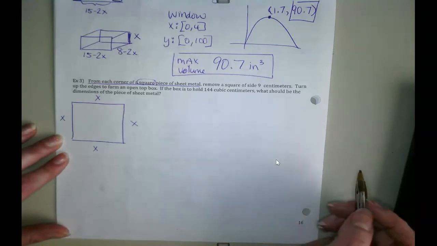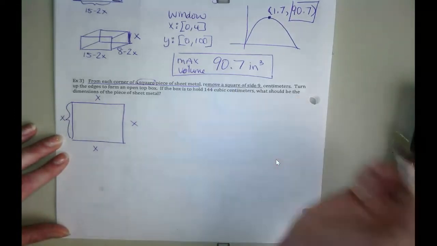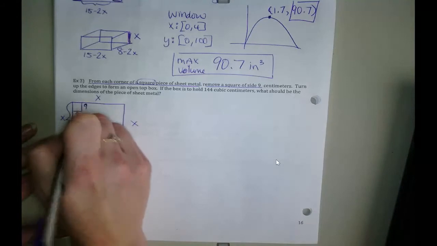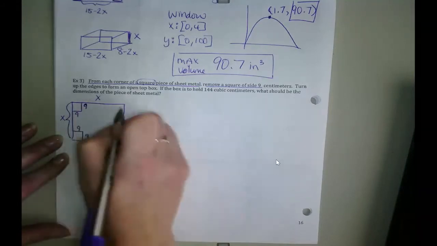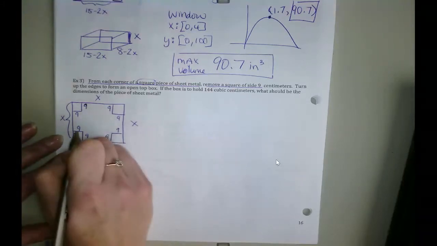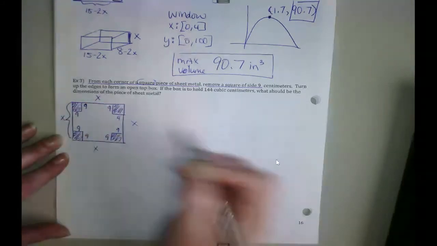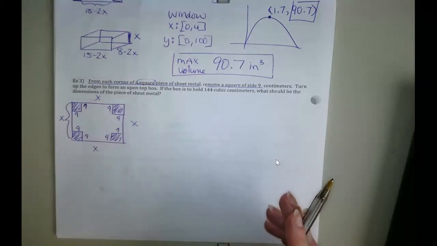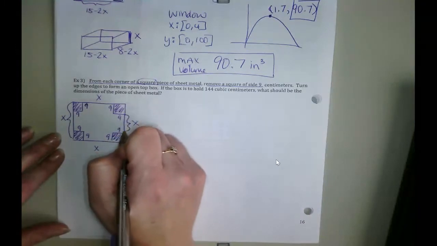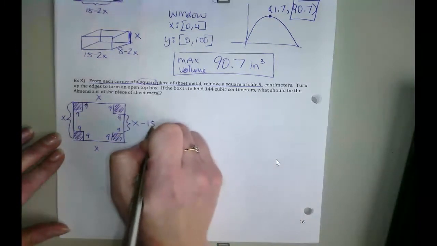So if the original side is X, and I'm removing 9 centimeters from each of the corners, the original length was X. Well, now this little flap here is going to be X minus 18.